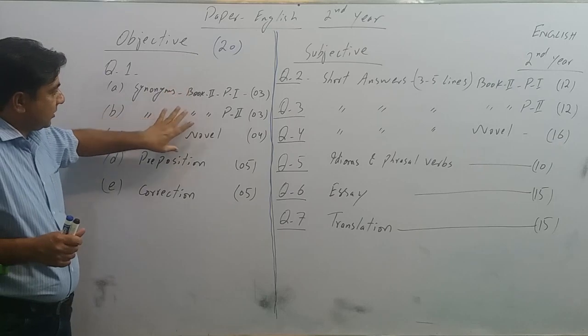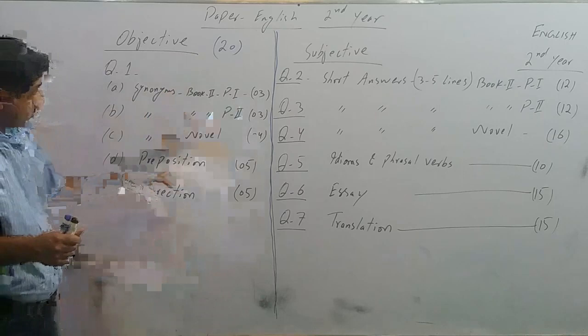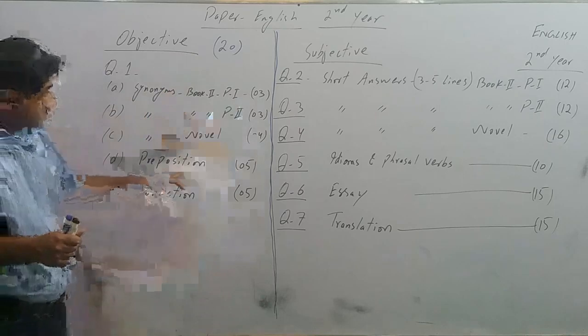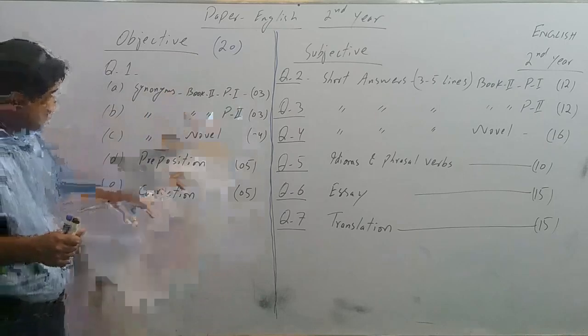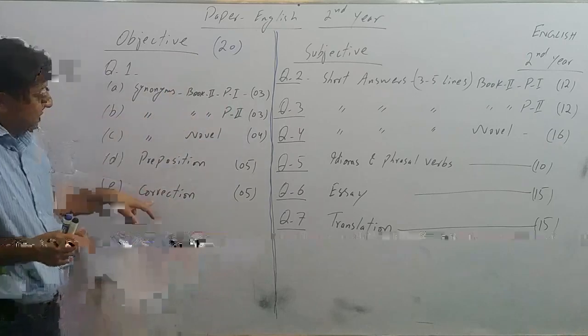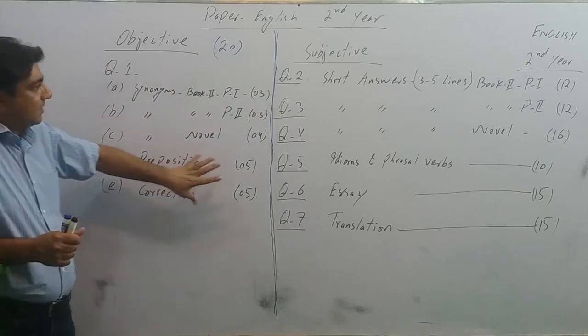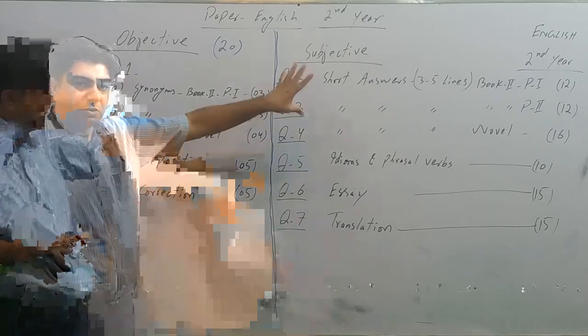So in these 10 marks. Then preposition, learn the correct use of these 2 questions. If you prepare well for them, they have a domino effect on whole of your paper.